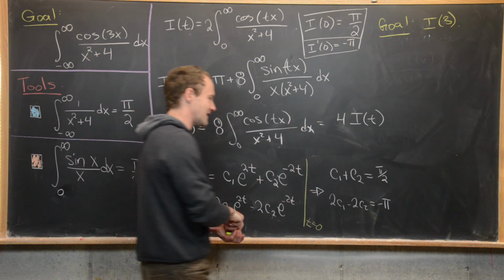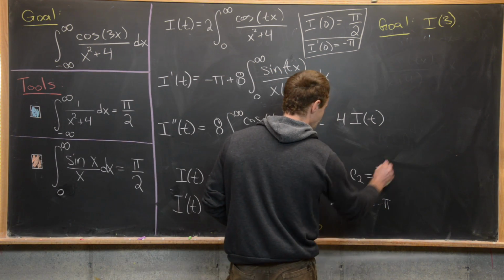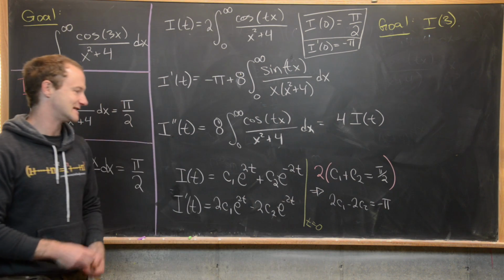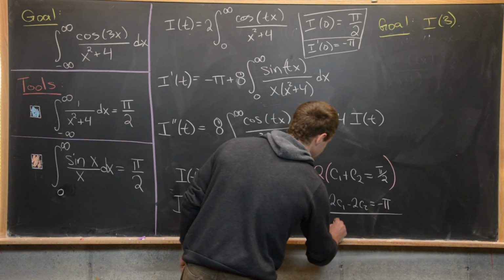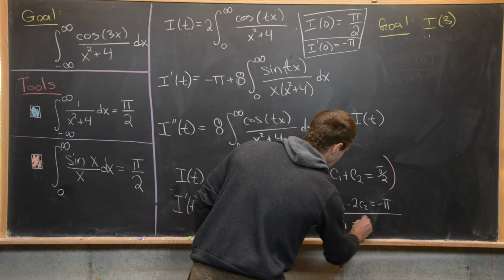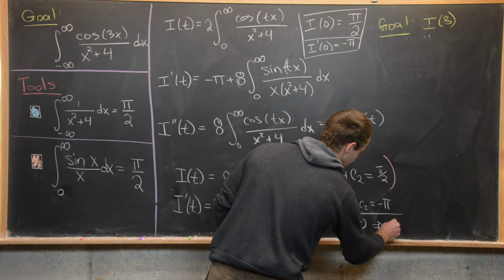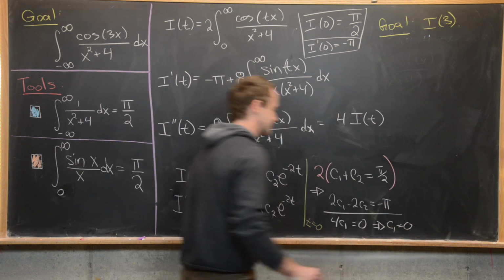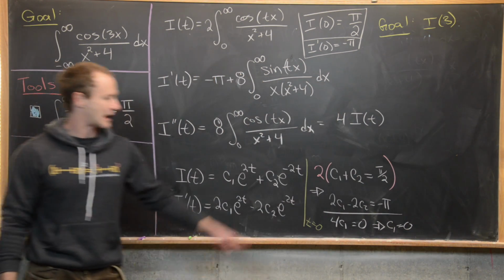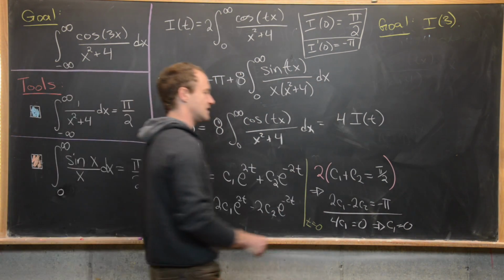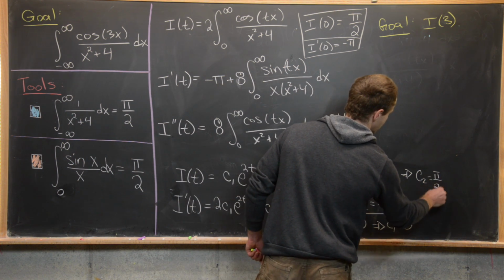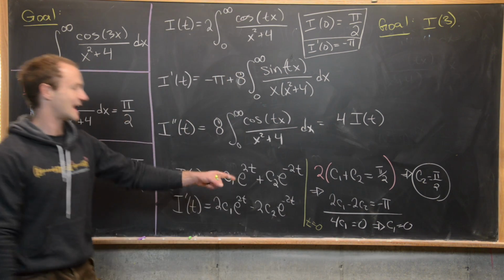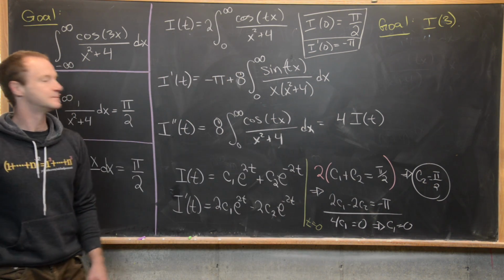Well, maybe we'll take this equation, multiply it by 2, and add it to the second equation. Notice that's going to give us 4c1 equals 0, which means that c1 equals 0. But now if c1 equals 0, that tells us that c2 is equal to pi over 2. Again, that depended on our initial conditions.